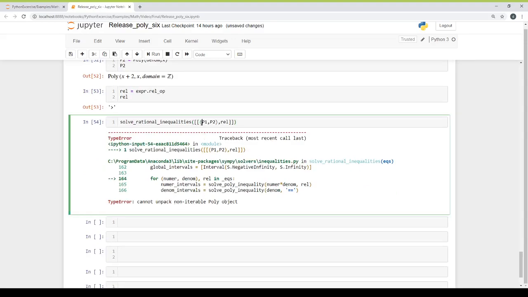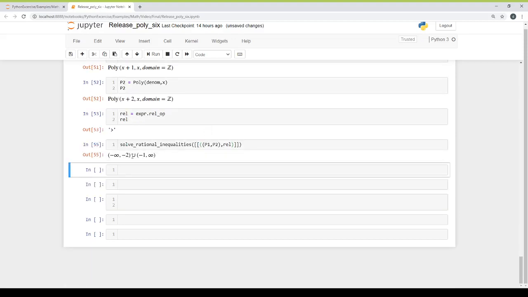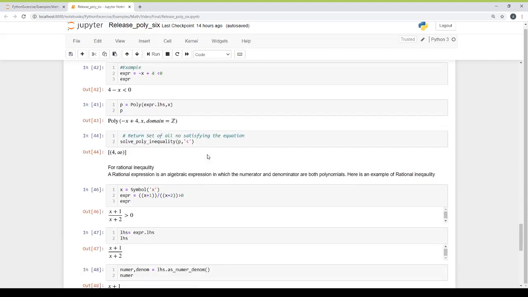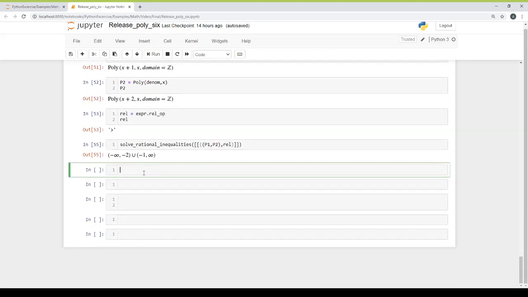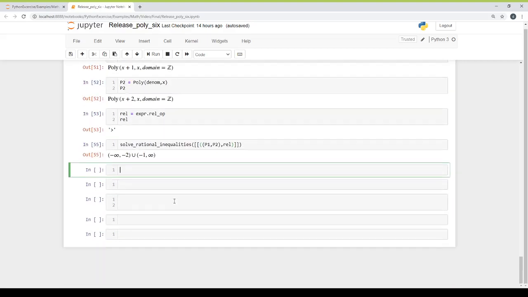We missed some brackets here, so this way. Shift enter, and this is our set: minus infinity up to minus 2, and minus 1 to infinity. We get an interval set which satisfies this rational inequality. So solve_rational_inequalities and solve_poly_inequalities are methods provided by the Sympy package to check the inequalities of equations.